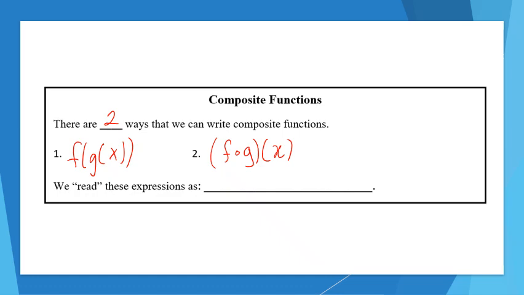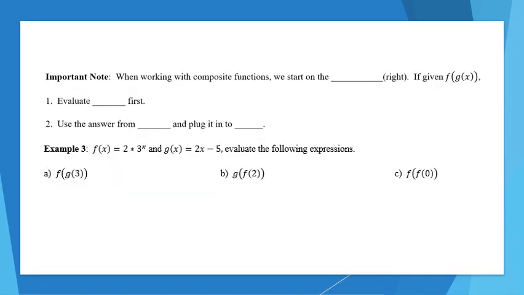As long as I can recognize one, that's the biggest thing there. We read these both as f of g of x. And so, important note, when working with composite functions, we start on the inside.